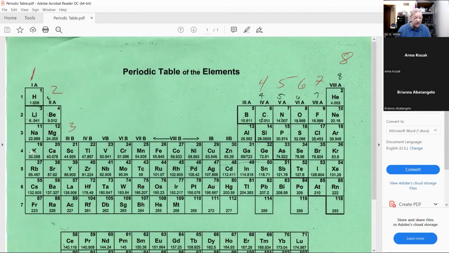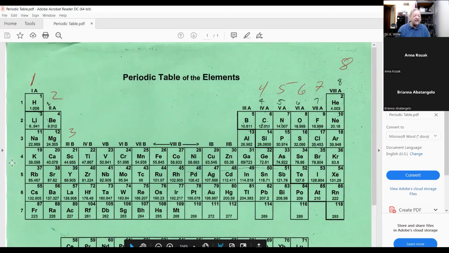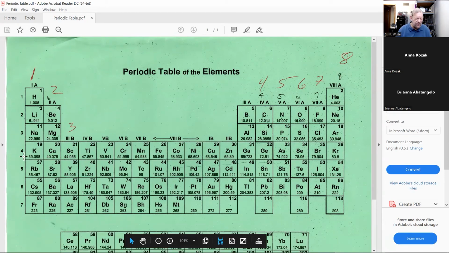So the question is, what ion does potassium form? And the nearest noble gas is argon at 18. Potassium has 19. Now, we can figure it out, and we've already done this for sodium. I think I did it for lithium, but it'll also be true with potassium. Lithium, sodium, and potassium always form a +1 ion.